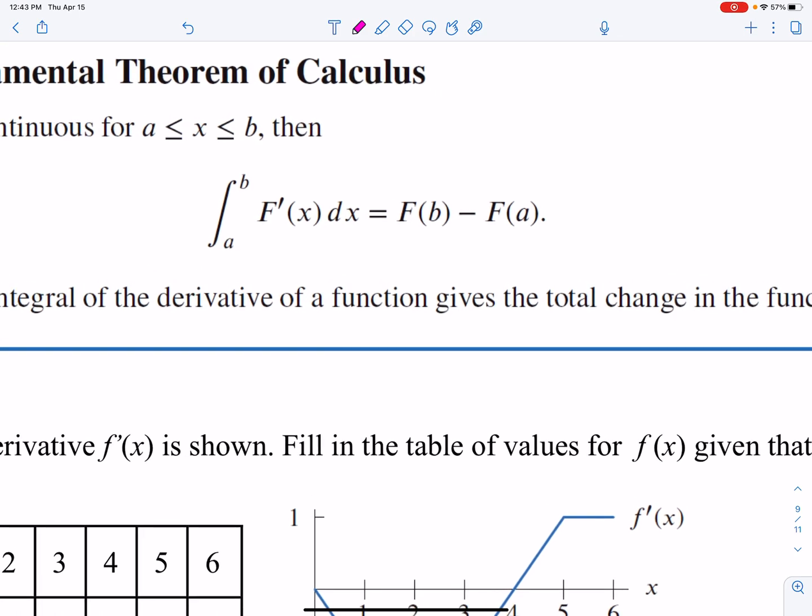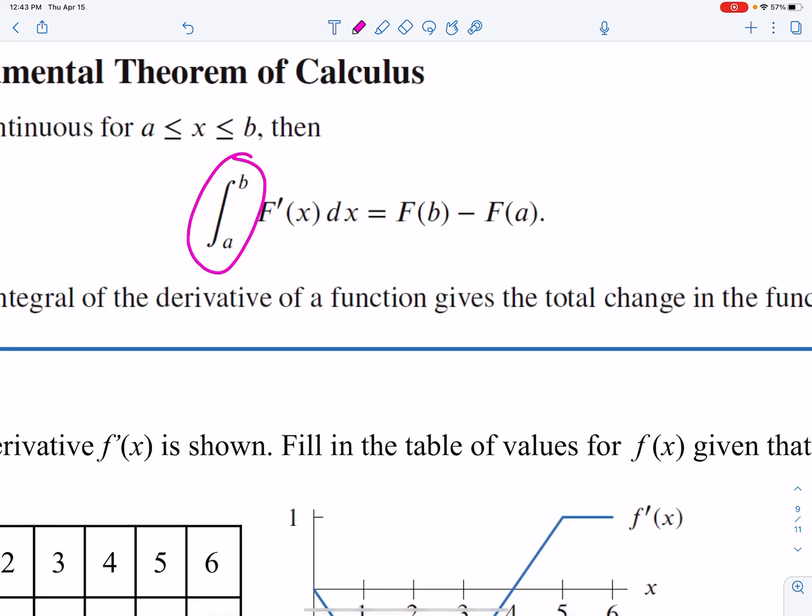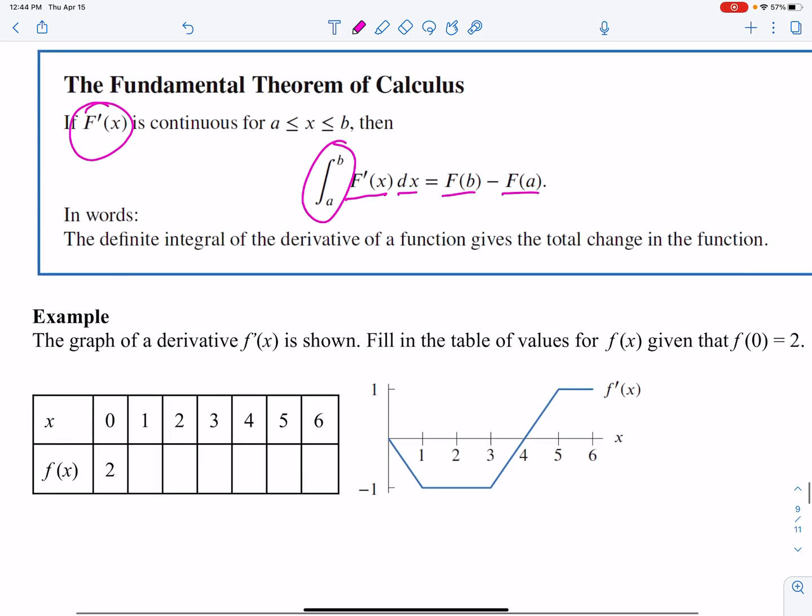So then we get this. The integral from a to b of f prime of x dx equals f of b minus f of a. Okay? In words, the definite integral of the derivative of a function gives total change in the function.